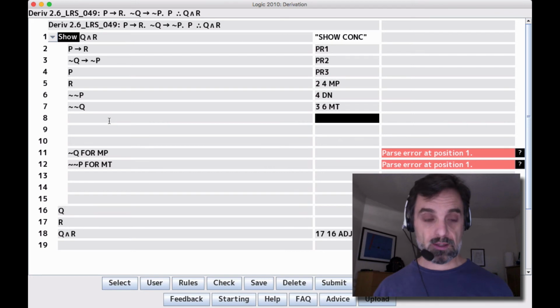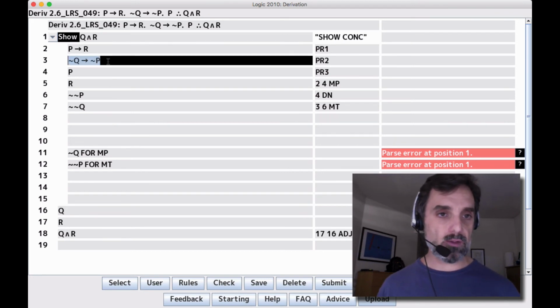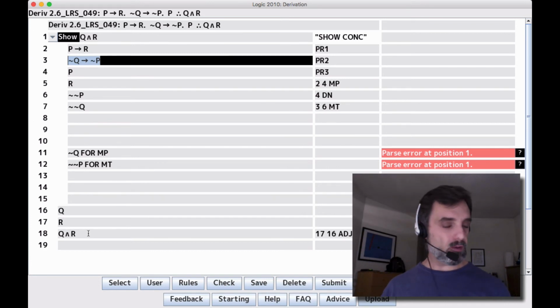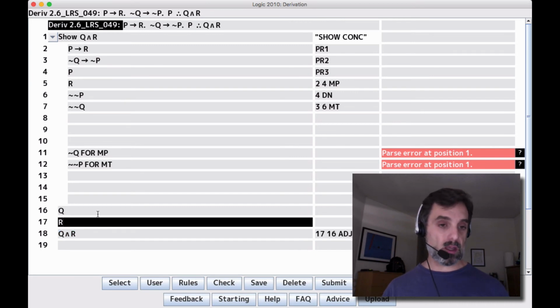So we've advanced. Now, at this point, we've used line 2 and line 3, so we're not going to use them anymore. We remember, however, that we're aiming to get Q and R, and the way we get Q and R is we get Q, and then separately we have R, and we'll combine them. Once we get Q and once we get R, we can put them together, and we'll be done. We'll be able to do a direct derivation.